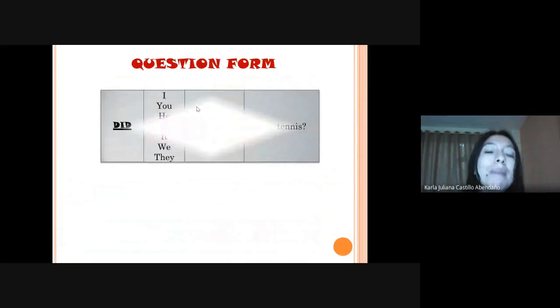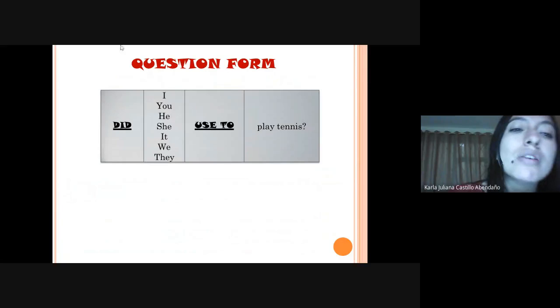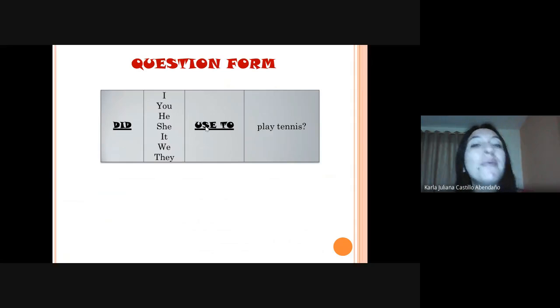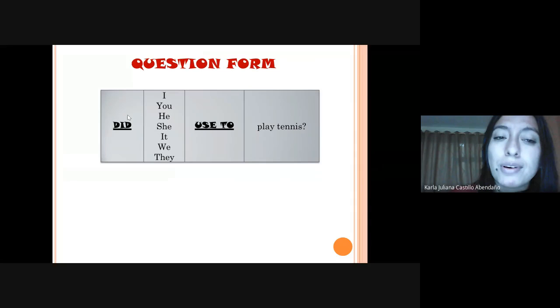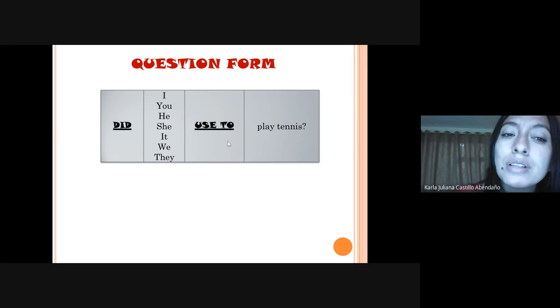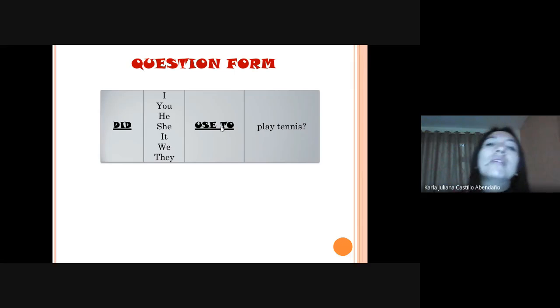At the moment of making questions, we are going to use first the auxiliary "did," then the subject, then "use to," plus the verb, complement and question mark. Don't forget about the question mark. Why? Because it is a question, right? And as I said before, we already have "did," so "use to" is going to be written without the D, right?